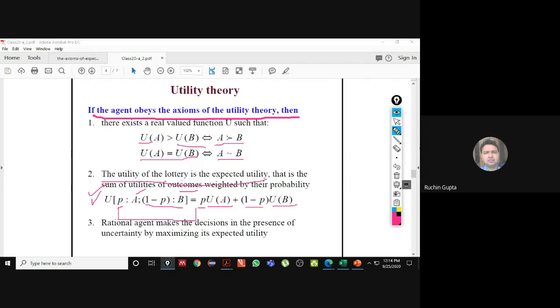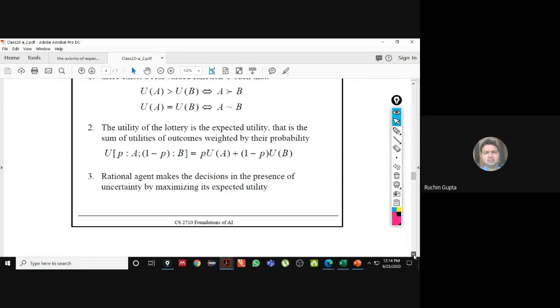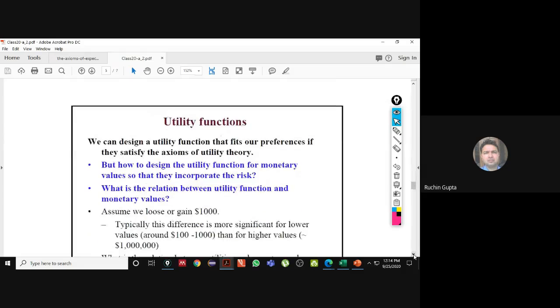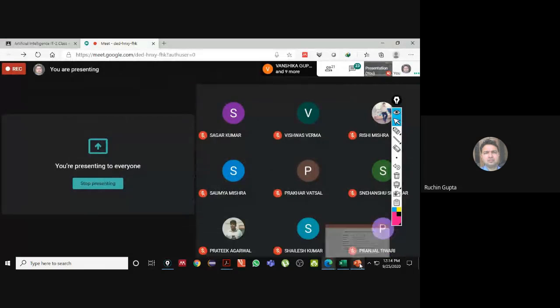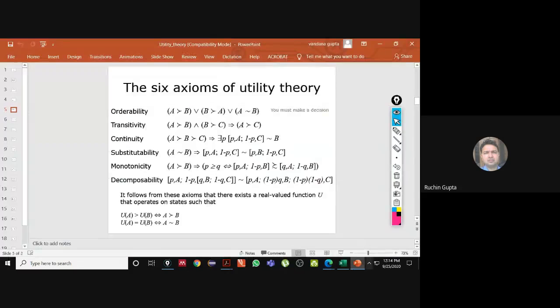So this is actually the usage of this utility in case of this utility theory. So I hope that all these rules are clear to you.